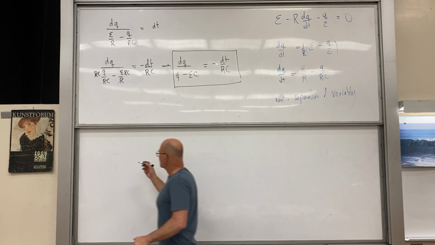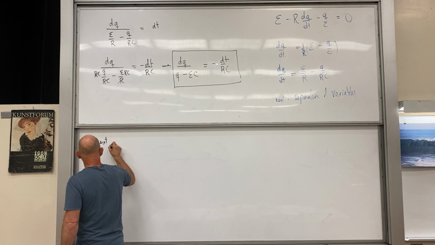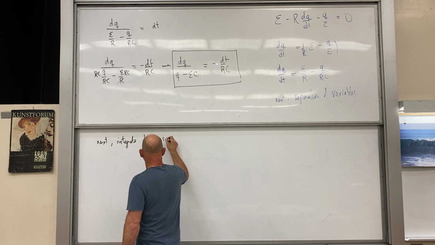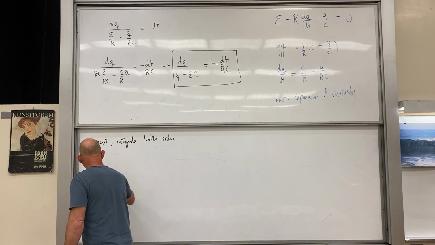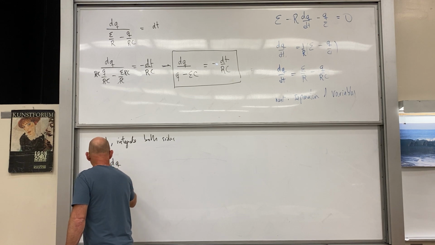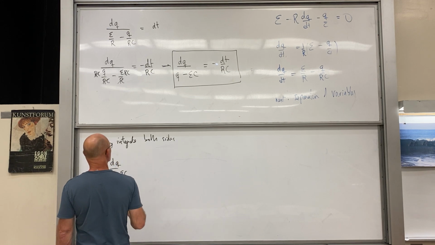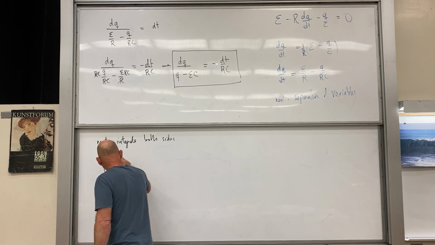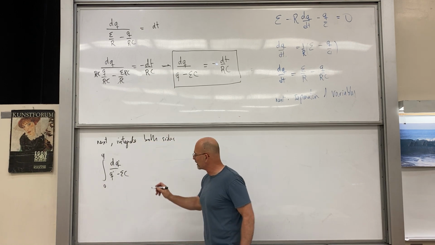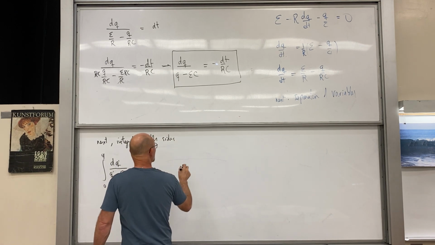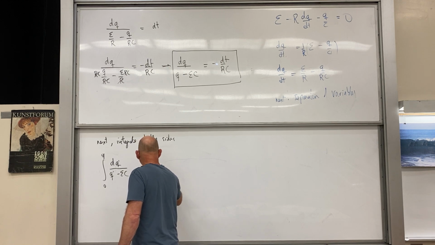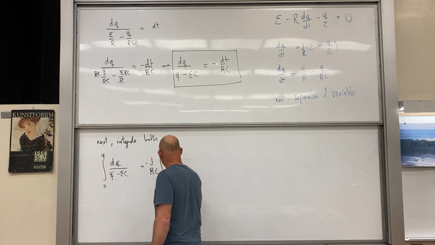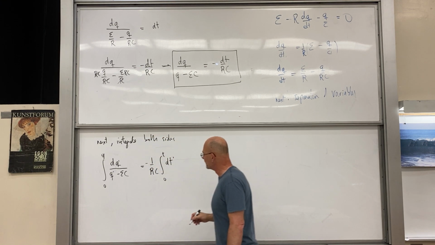So next, integrate both sides. We're going to go from 0 to q, so we call the q's q prime, those are integration variables. And on the right side, we'll have minus 1 over RC, integral dt, from 0 to t, so also a t prime.